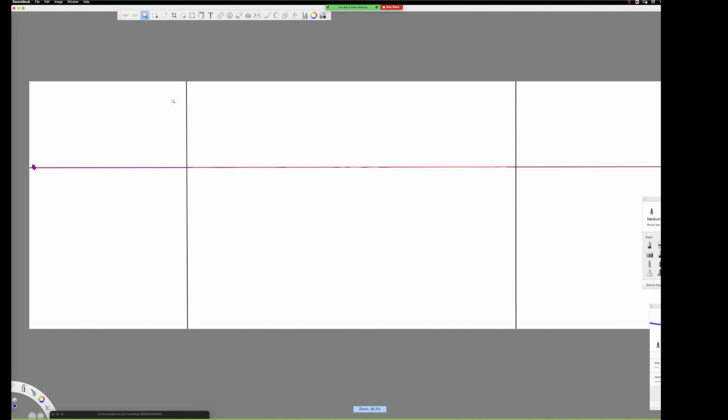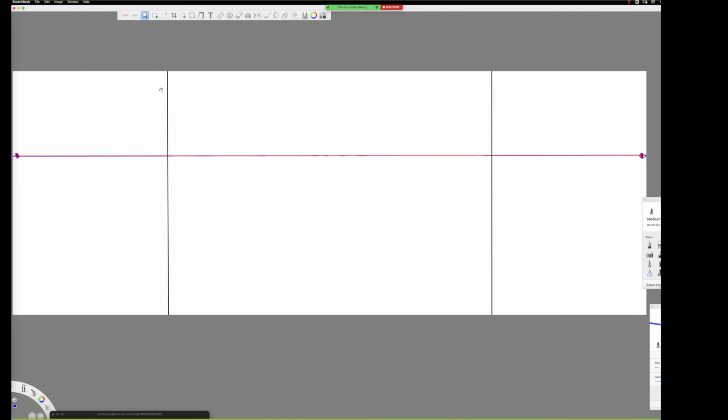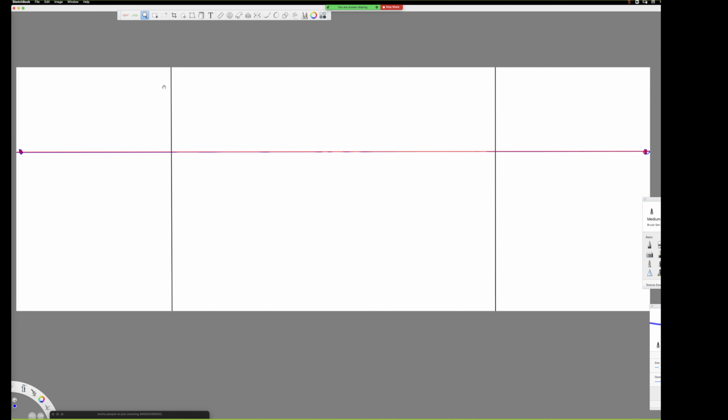So in essence, you're going to be inside of a box. Now I have this set up so that you can see that I put one vanishing point over here and one vanishing point over here, all the way out as far as I could get with those vanishing points.